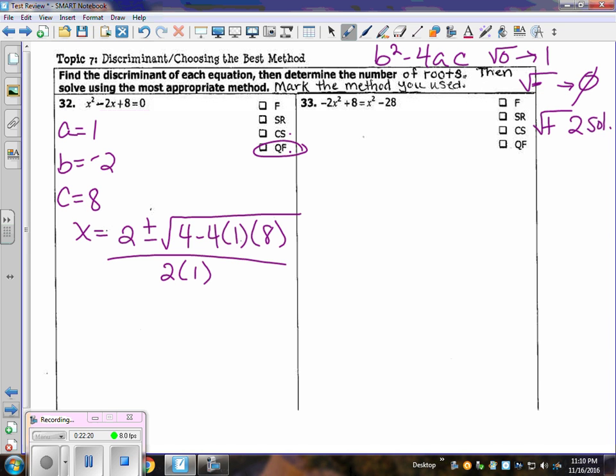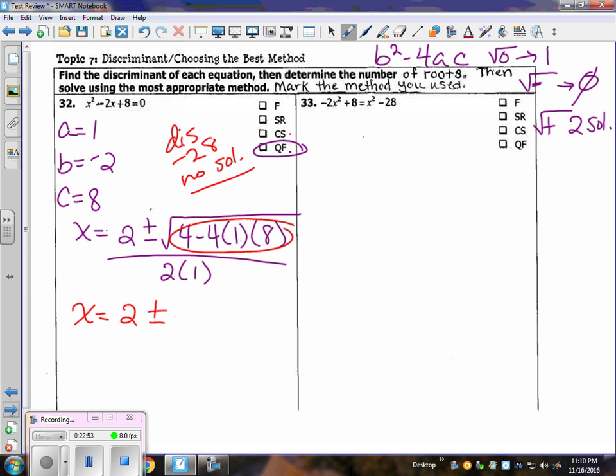Now, honors, as soon as you get this under here, that 4 minus 4 times 1 times 8, let me check what that is real quick. 4 minus 4 times 8. So you get a negative 28, so that tells me my discriminant is negative 28, so I'm going to have no solutions here. But we're going to still solve it and pop out an i. So, for the rest of us, let's continue.